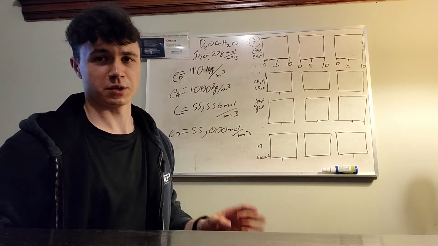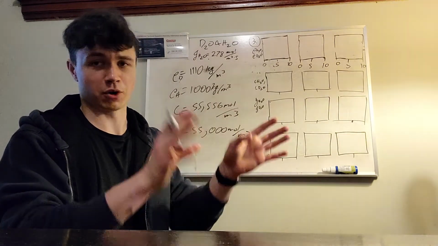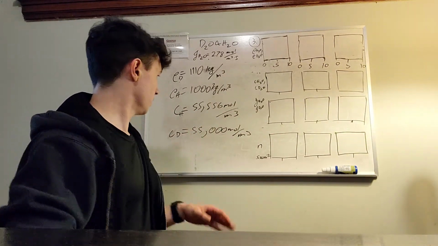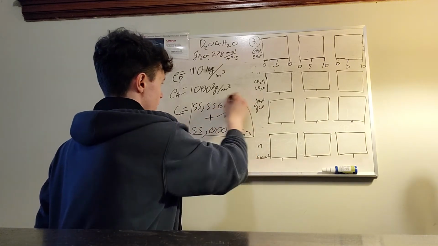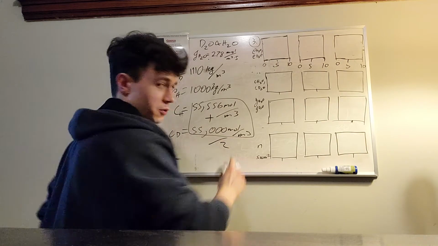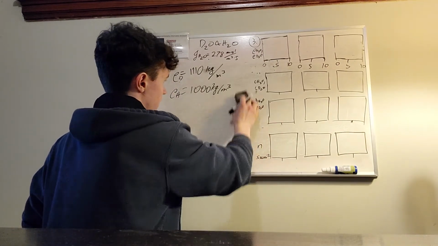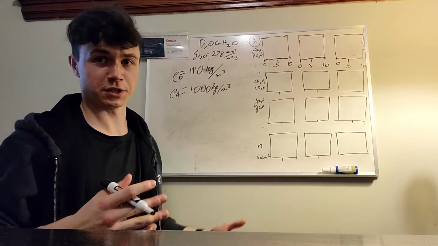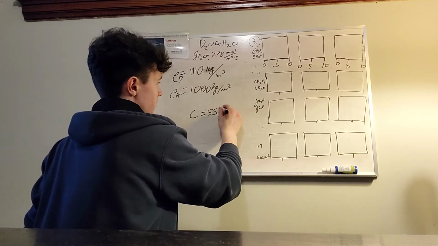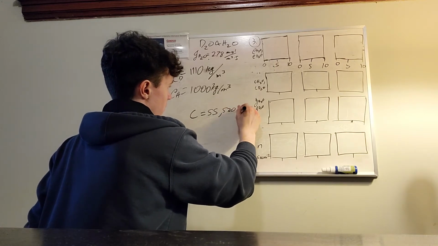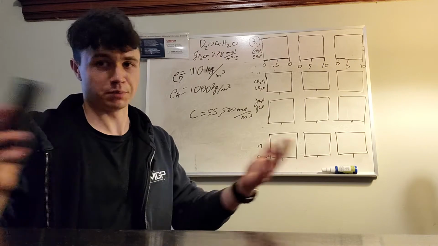And in this situation, since we have equal volumes of water and deuterated water, we'll essentially just add these two portions up, divide by 2, and we get that the total molar concentration in this case is 55,530 moles per meter cubed. Perfect. Okay, so now we can do the rest of this.